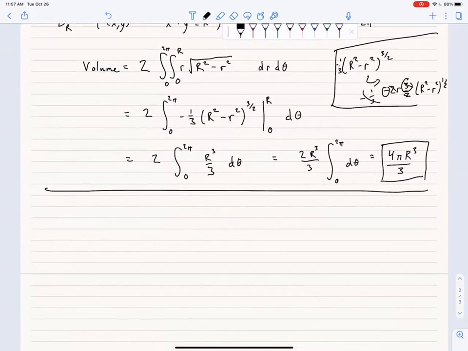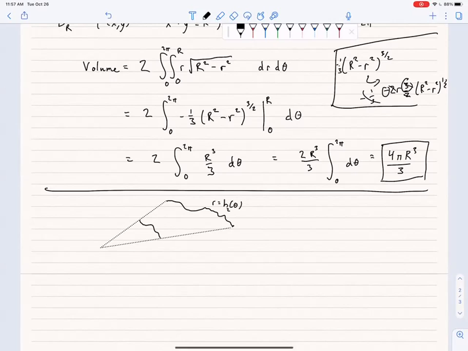So you can also do polar coordinates over more general regions. You could have a region, let's say, that looks like this, and you had a couple of functions where the radius is a function of the angle.